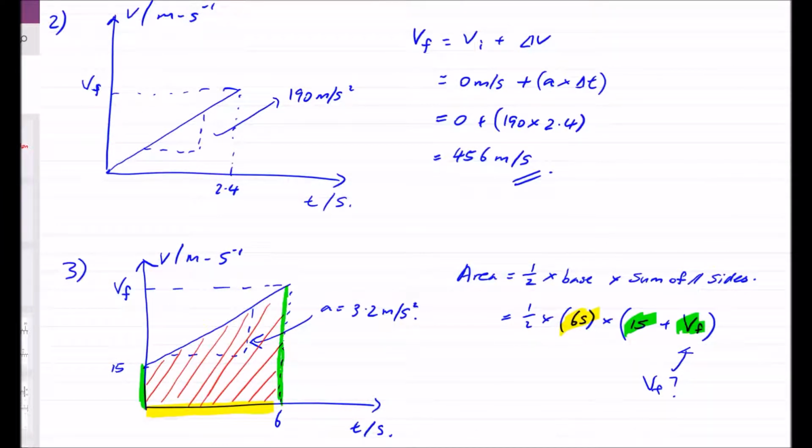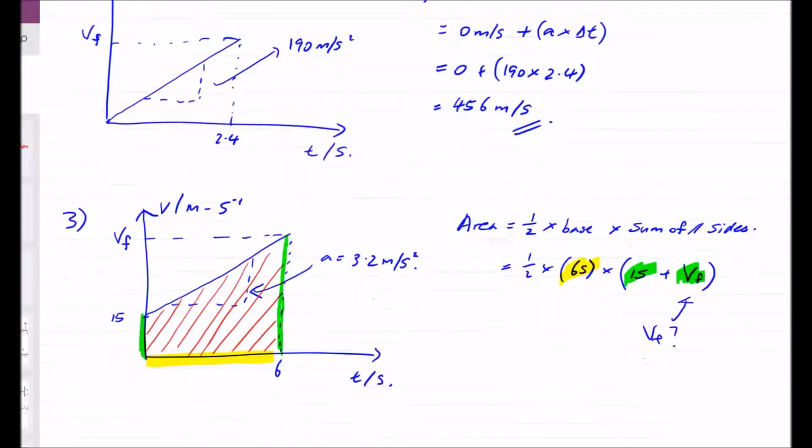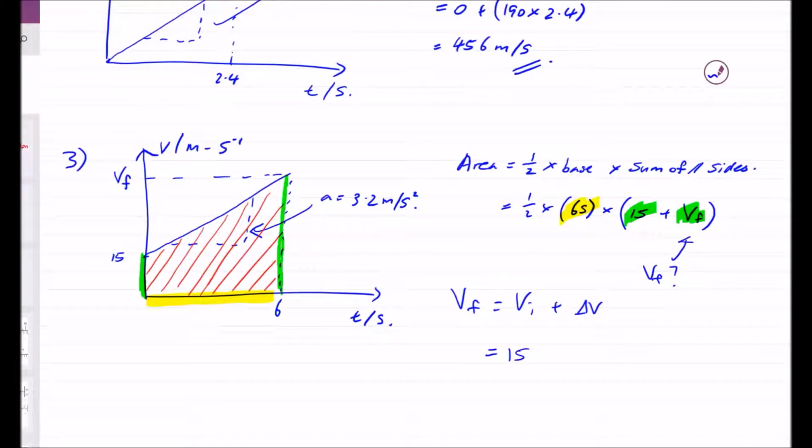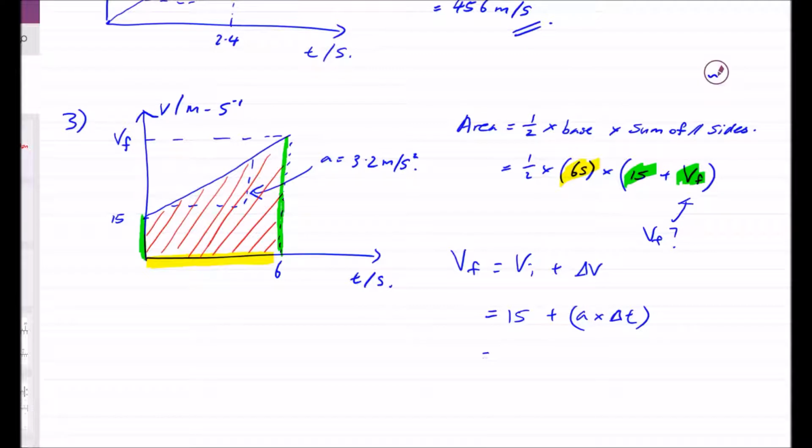This part is very similar to question 2, where VF is just the initial velocity plus the change in velocity due to the acceleration. So the initial velocity is 15 meters per second plus acceleration times the time during which the acceleration takes place. So this is 15 plus 3.2 times 6 seconds.